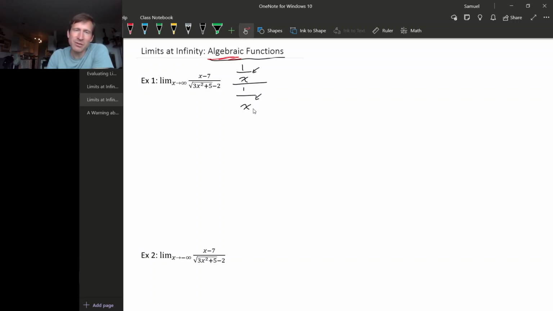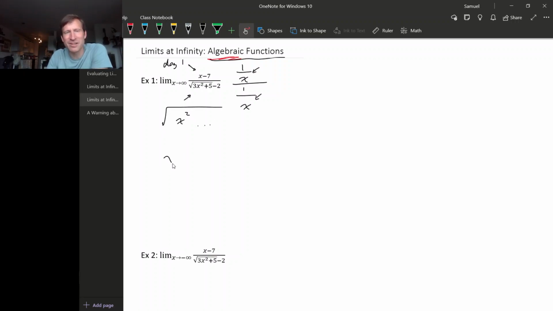Well, when we were dealing with rational functions, what we looked at was the degree of the numerator and denominator, but algebraic functions don't really have a degree, but they kind of do. So the numerator is a polynomial, so its degree is definitely 1. What about the denominator? Well, there's an x squared here, but it's inside of a square root.